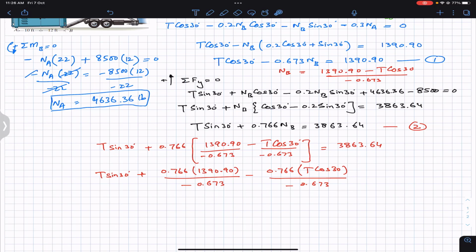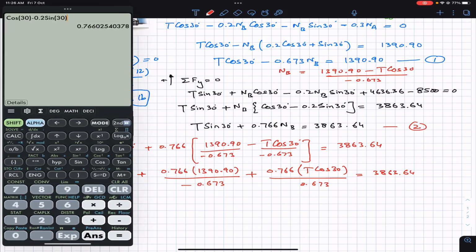And if you multiply this minus sign with this, it will become positive, right? So we can say that this is plus, this is plus, and this is plus, right? And this is equal to 3863.64.